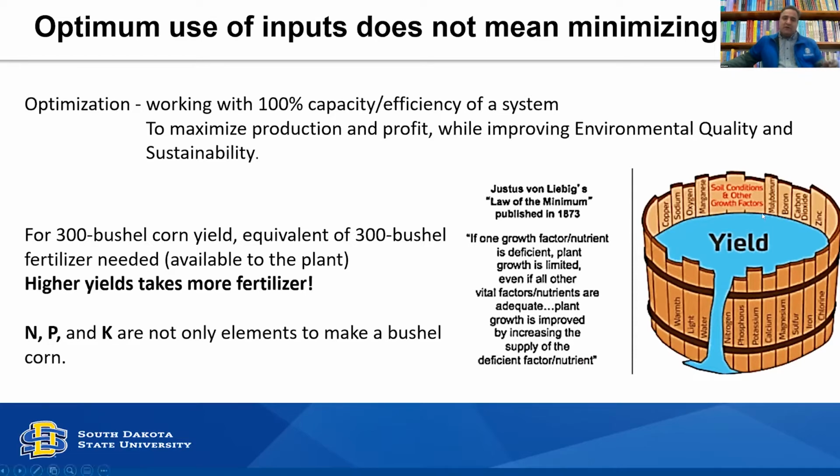You have to go and find that limiting factor first. And that limiting factor is not only elements related to nitrogen, phosphate, and potassium. Maybe one limiting factor would be boron or other factors which we have to find.